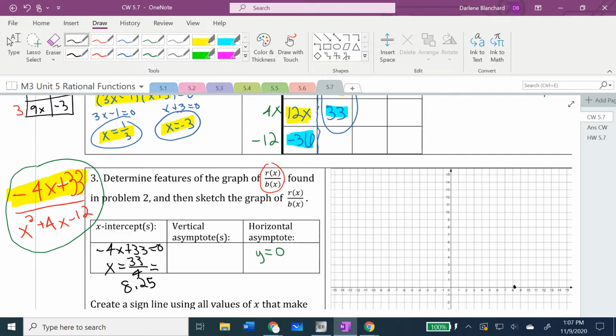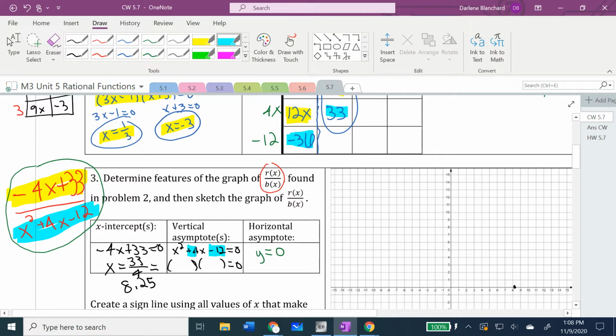Now, vertical asymptote. Vertical asymptotes are found when the denominator is equal to 0. Can you nicely factor x squared plus 4x minus 12? We need two numbers that multiply to make negative 12.